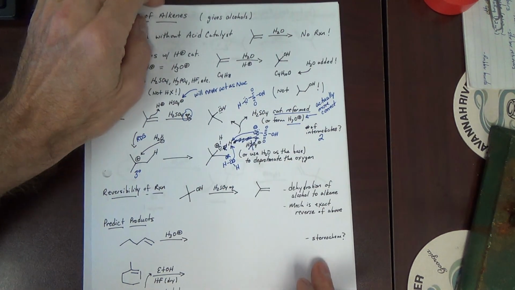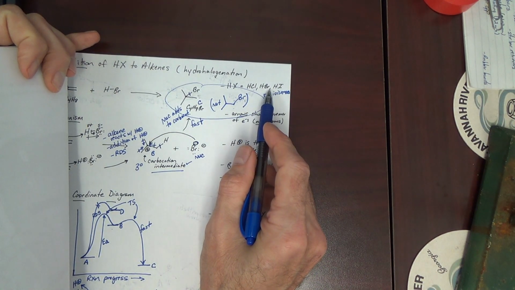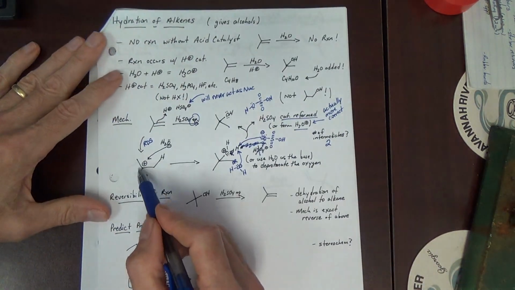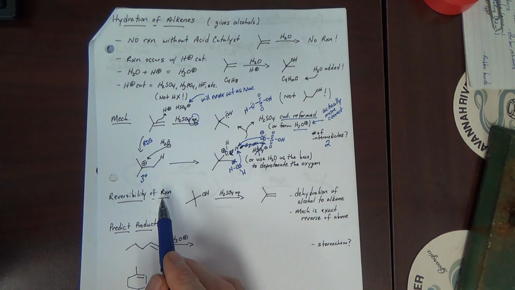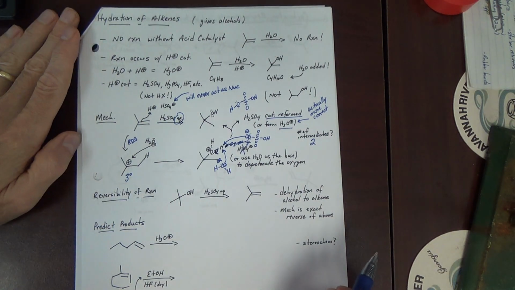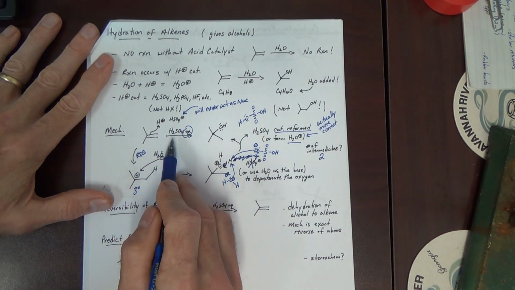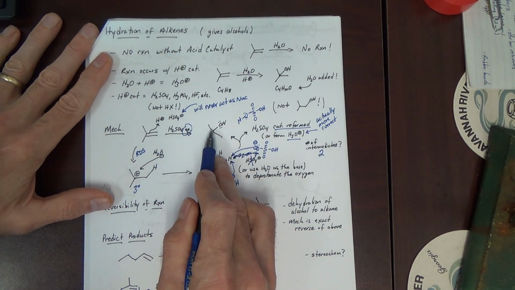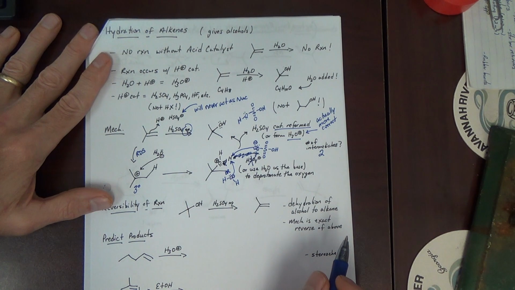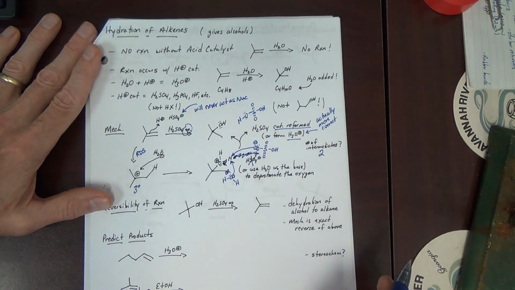Remember how I said earlier, F- doesn't work here because F is a poor nucleophile. All right. Cl-, Br-, I-, these will add to the carbocation and give you an alkyl halide product. So if you want an alcohol, you should not have any Cl-, Br-, or I- around. That's why you don't want to use HBr as a catalyst if you want to make an alcohol. You'll get an alkyl bromide instead. These are your best catalysts for hydration of an alkene.